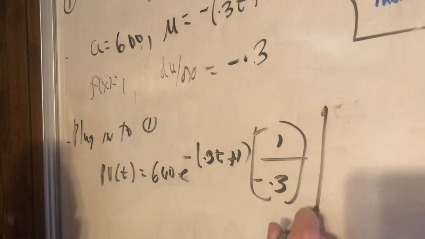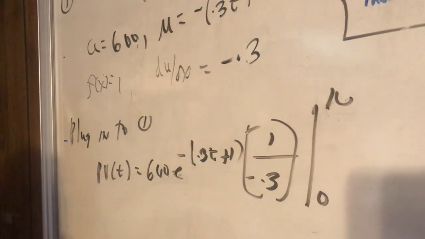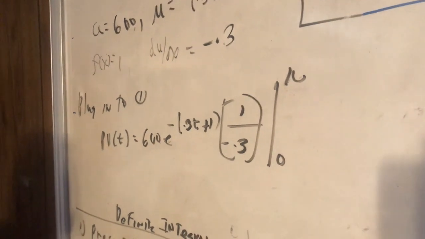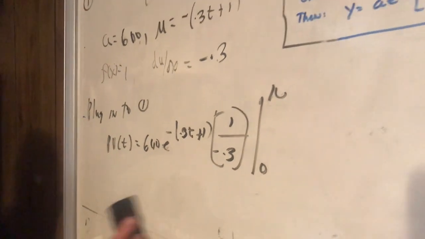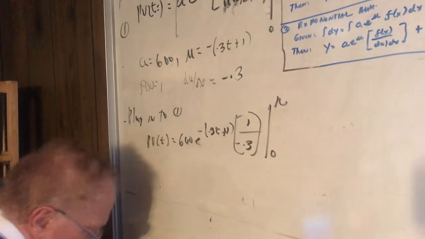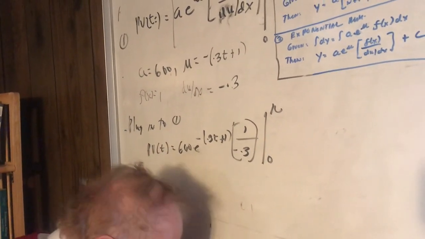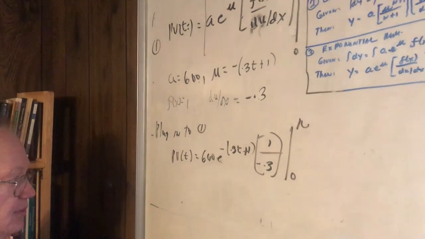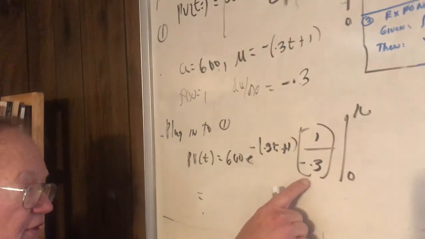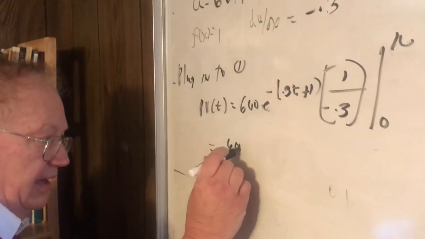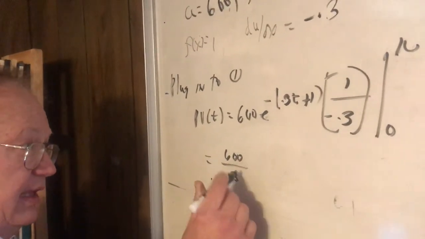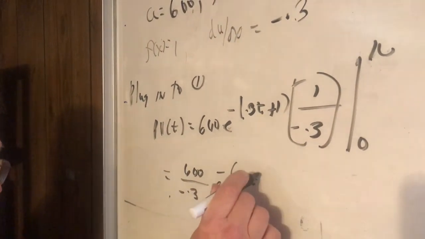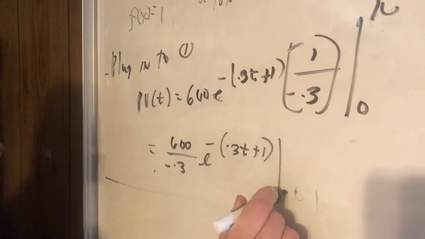And that whole thing's going to be taken between 0 and 10. That's why it's a definite integral. So I need some more room. This is going to be equal to 600 divided by minus 0.3, e to the minus 0.3 t plus 1, the whole thing taken between 0 and 10.